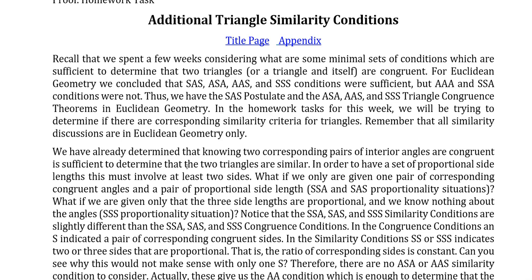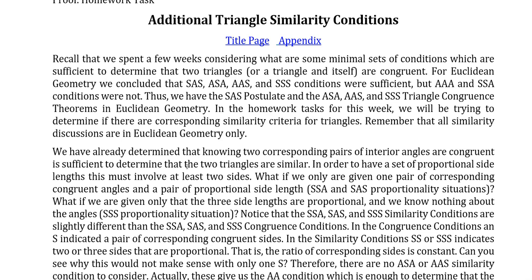For Euclidean geometry, we concluded that SAS, ASA, AAS, and SSS conditions were sufficient, but AAA and SSA conditions were not. Thus, we have the SAS postulate, and then the ASA, AAS, and SSS triangle congruence theorems in Euclidean geometry.